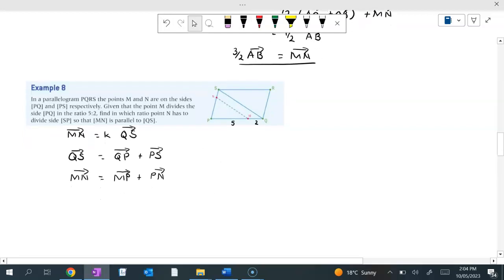Now, MP is 5/7 of QP, because there are 5 out of the 7 lots that the side QP has been divided into. So that's 5/7 of QP plus PN.